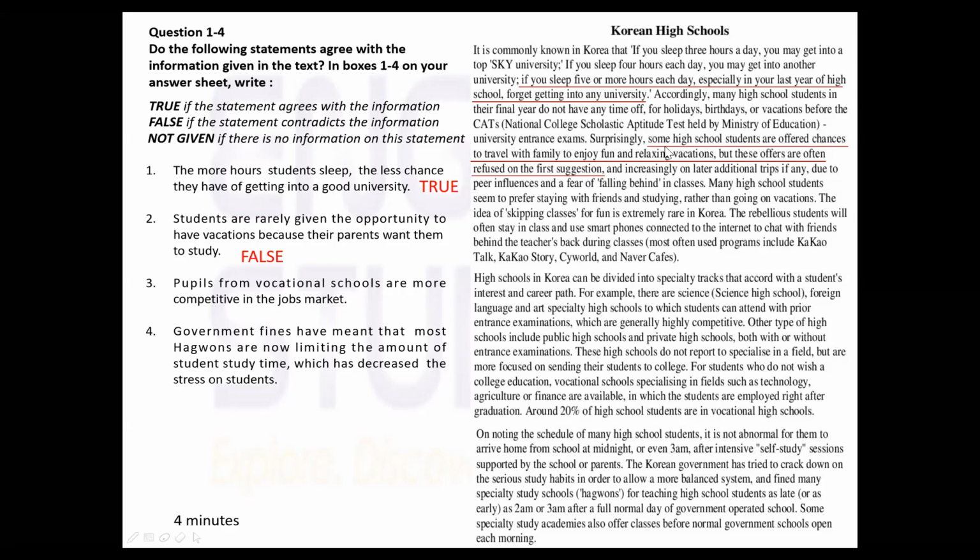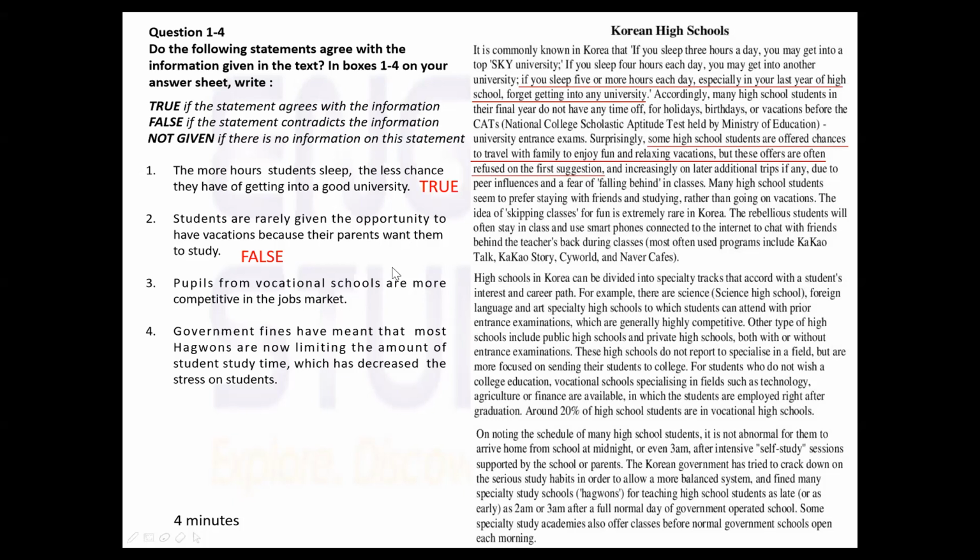Okay, with this statement here. Rarely given the opportunity to have vacations because their parents want them to study. Dan yang kedua adalah nggak ada kata tentang their parents want them to study here. So the statement is contradict with the statement in the text. So the answer should be false. Okay. This is say the different thing with what is said in the text.